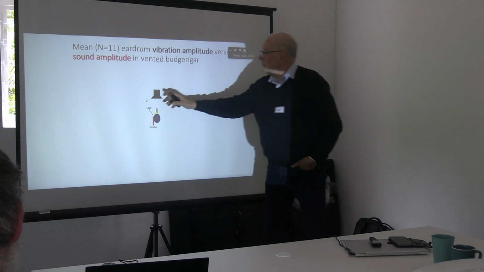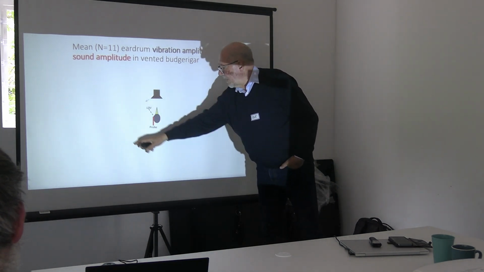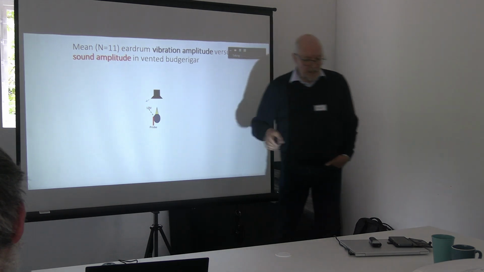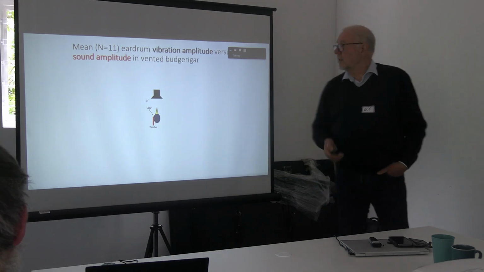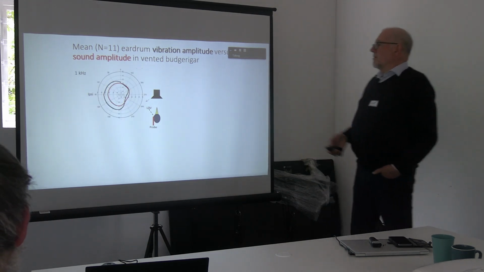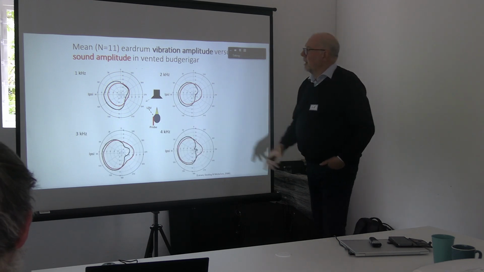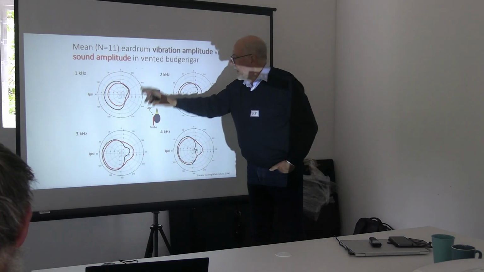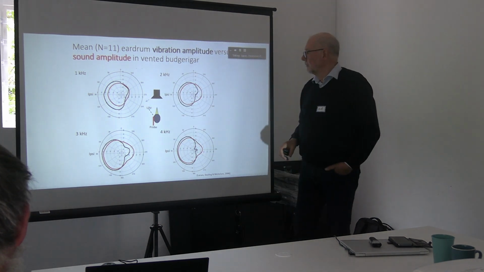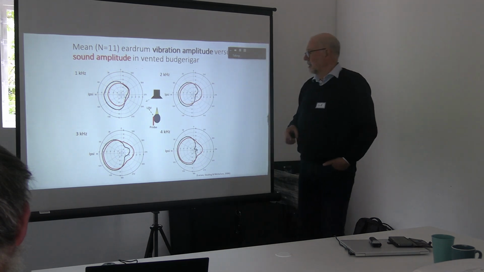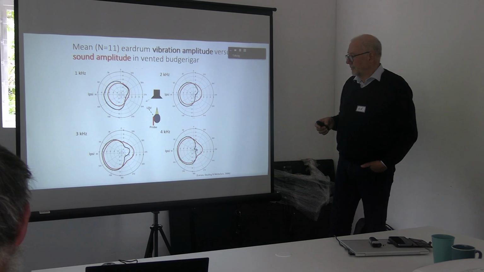We then take our sound source, that is a speaker, around the bird here and see how the eardrum responds to stimulation. And do this at different frequencies. And you can see the red one is the probe microphone. The black curve is the response of the eardrum.